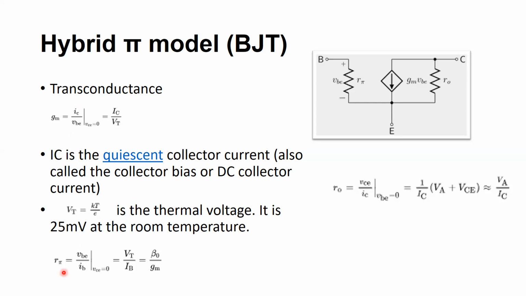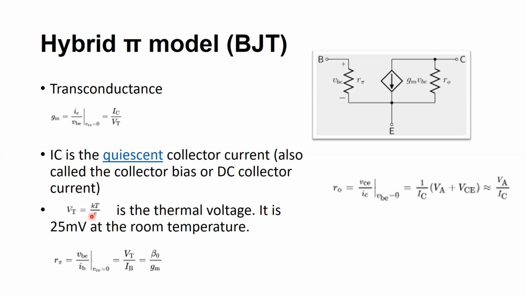Next you see this small letter r pi in subscript, that is the input resistance. Resistance is a ratio of voltage over current, and since it is an input resistance, it is the ratio of input voltage vbe divided by input current ib, keeping vce equal to 0, so the output circuit is shorted. It is given as VT over IB.